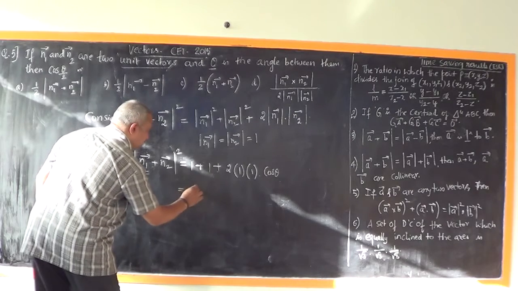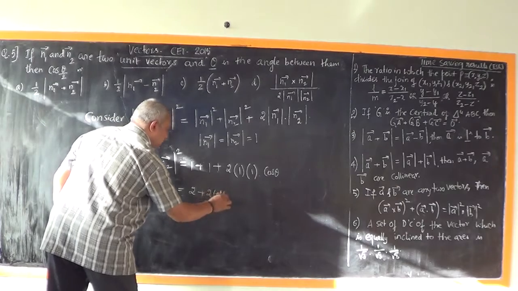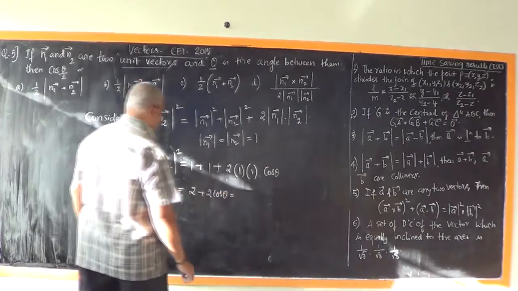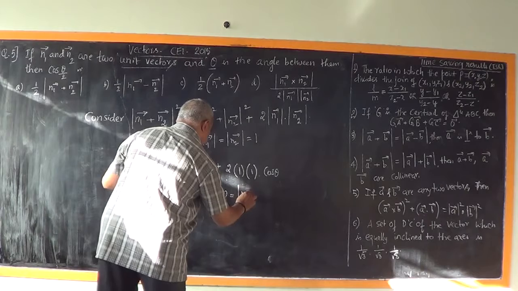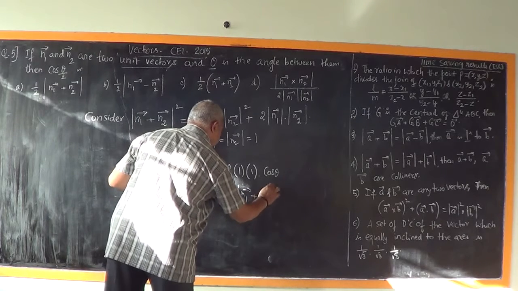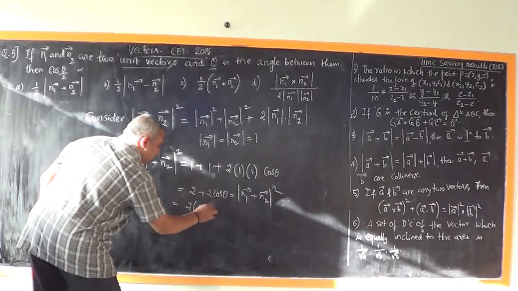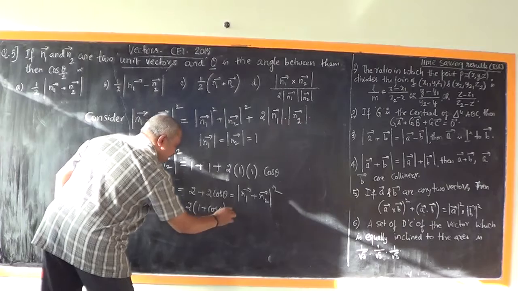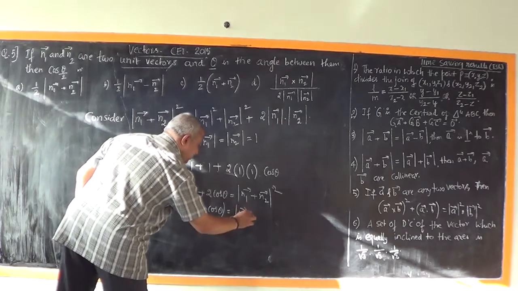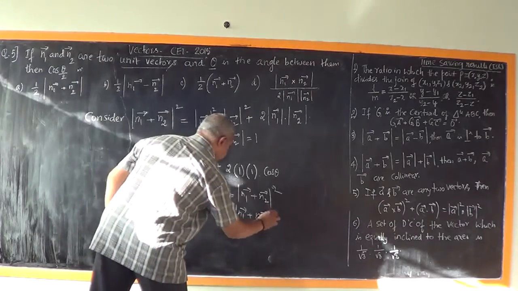So this is 2 plus 2 cos theta is equal to the magnitude of vector n1 plus vector n2 squared. Now take 2 as a common factor: 2 into 1 plus cos theta is equal to the magnitude of vector n1 plus vector n2 squared.